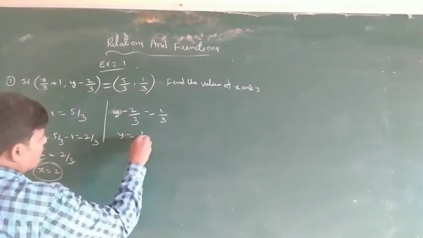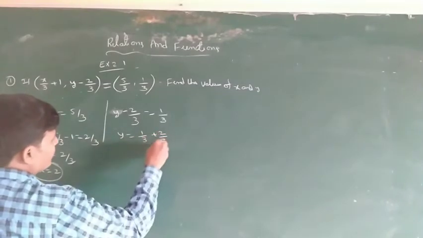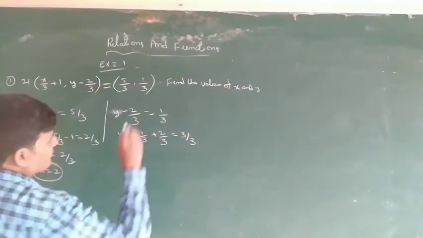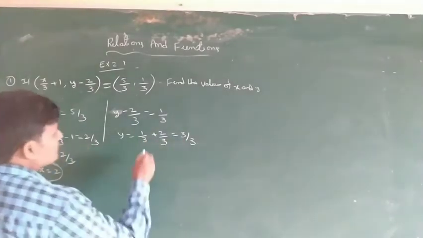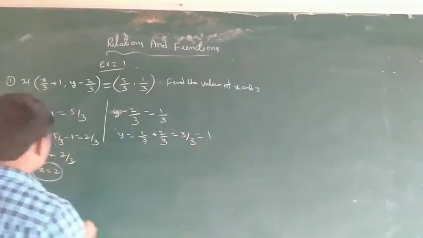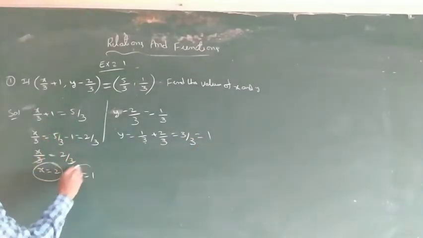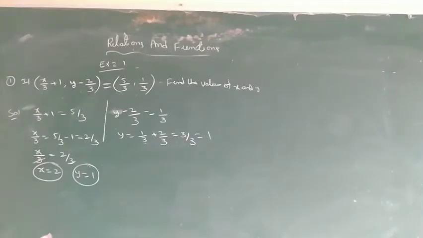Y is equal to 1/3 plus 2/3, which is 3/3, that is 1. So what is the x value? 2, y value 1. Okay.